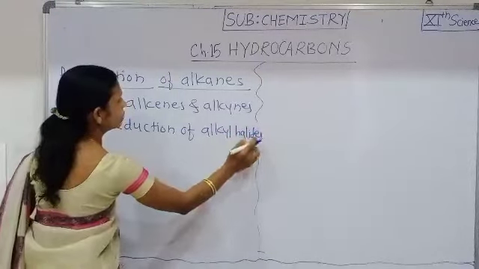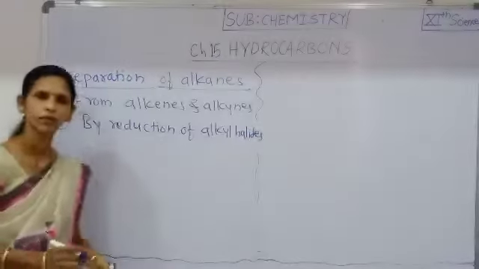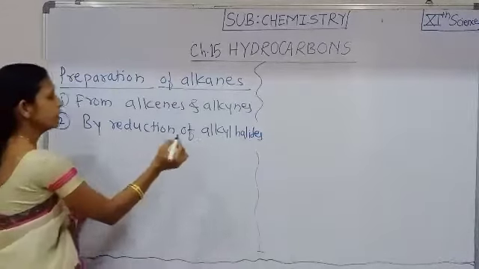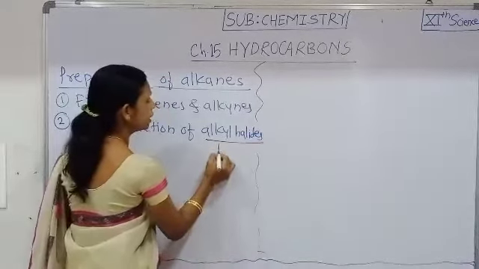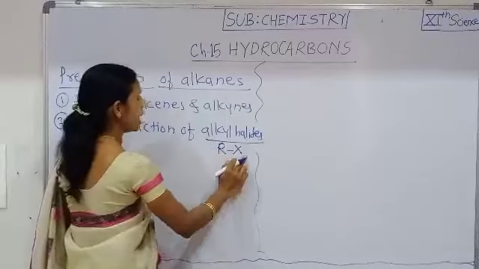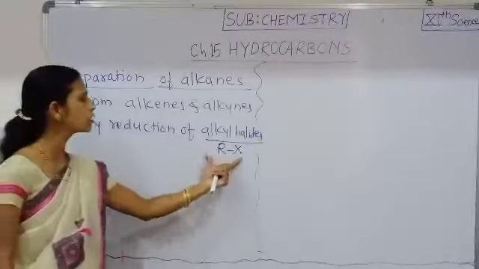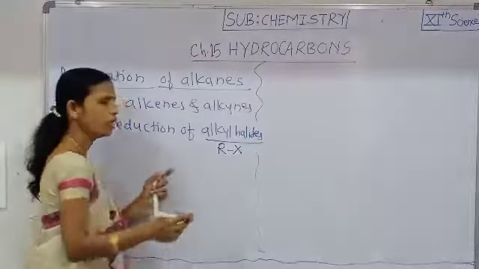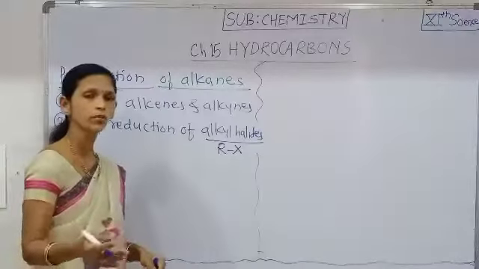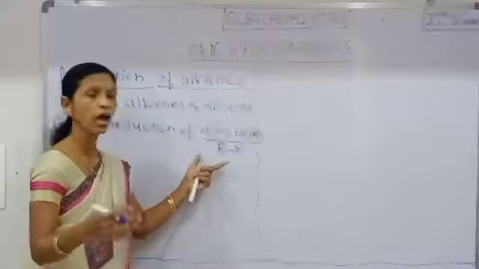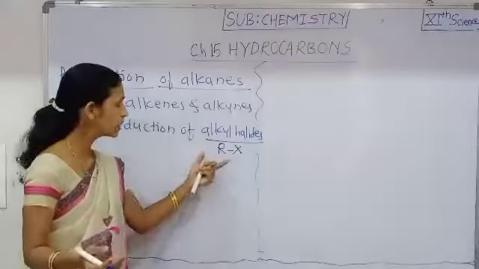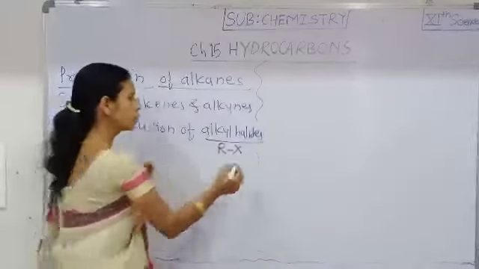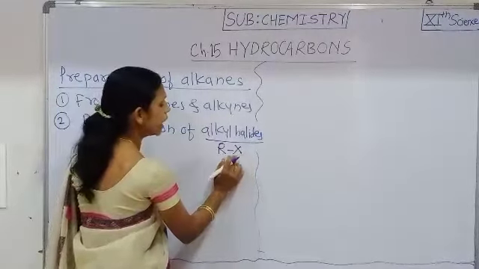All of you studied about the functional group in the previous chapter. Alkyl halides are represented by the general formula RX. R means an alkyl group, any methyl group, ethyl group, propyl group, butyl, isobutyl or tertiary butyl, n-pentyl, etc. And X is a halogen: fluorine, chlorine, bromine, iodine.